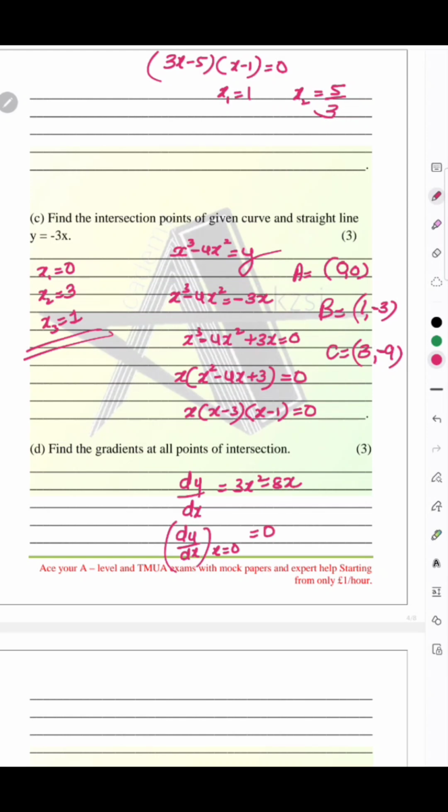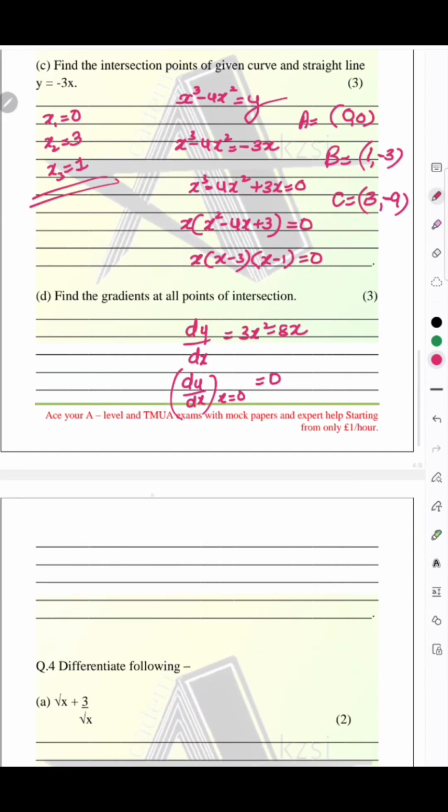So at x equals 0, the gradient is 0. Next, the gradient at x equals 1 will give me 3 minus 8, which is negative 5. And finally, the gradient at x equals 3. That will give me 27 minus 24, which is 3.